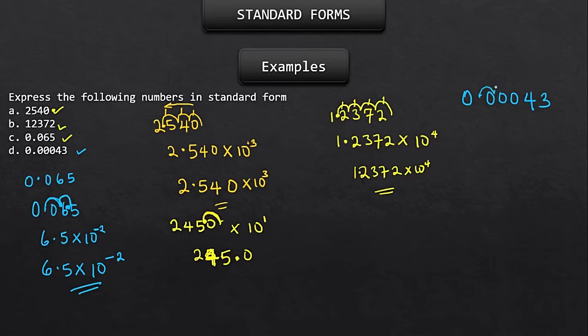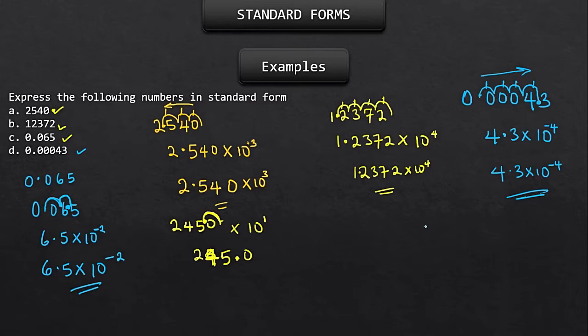We jump 1, 2, 3, and 4. Immediately when we reach a number that is not 0, that's when we stop. So it's going to be 4.3 times 10, how many times did we move? 1, 2, 3, 4. We moved 4 times, so it's times 10 raised to power 4. But we moved to the right, so it's going to be a minus. So 4.3 times 10 raised to power minus 4.